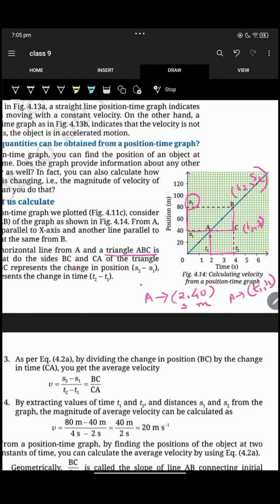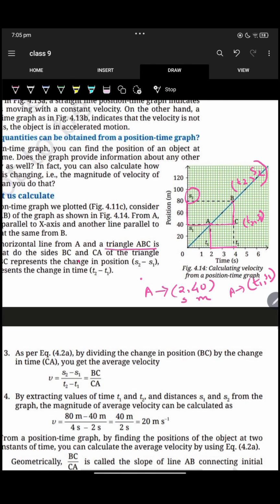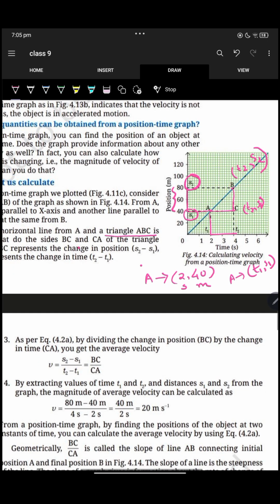Now, how much is BC? If this is S1 and this is S2, BC should be this much. That is S2 minus S1. And what is CA? Similarly, CA is this much. From here to here, it is T2 minus T1, so CA is T2 minus T1.